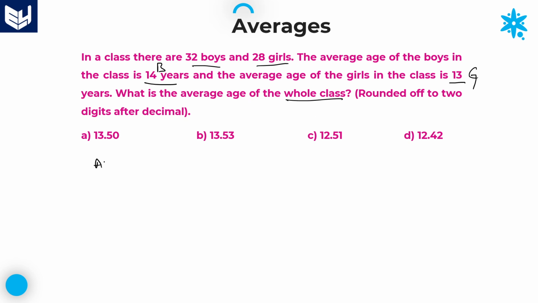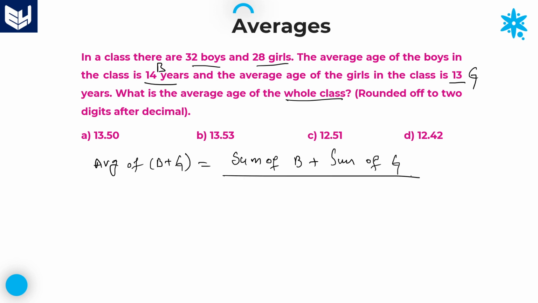Now we are calculating the average of boys and girls together. If we want the average of boys and girls together, it is nothing but the sum of boys plus the sum of girls divided by the total strength of boys and girls together. That will give you the average of the entire class.